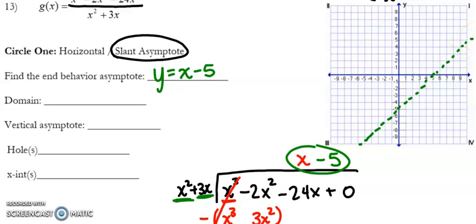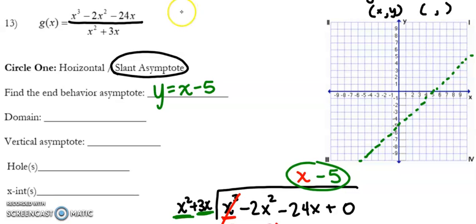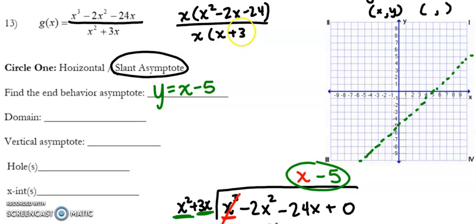Great. Now the domain. The domain we read from our factored form, but before we cancel anything out. So this one, when I go through and factor, this will be my factoring on the top. This is my factoring on the bottom. Remember, I do this before I cancel anything out.